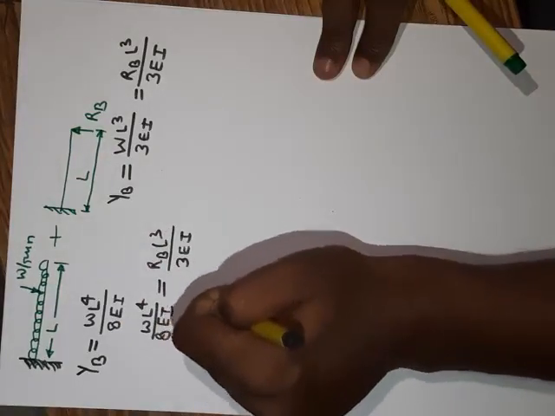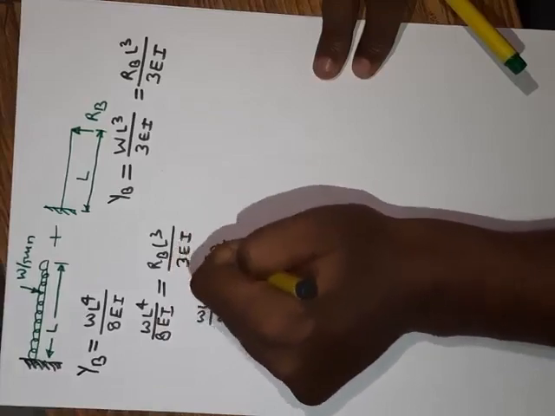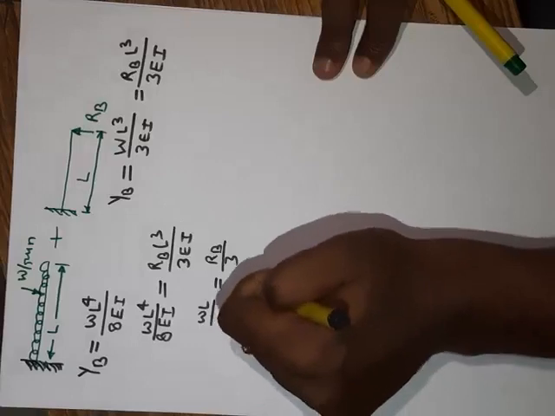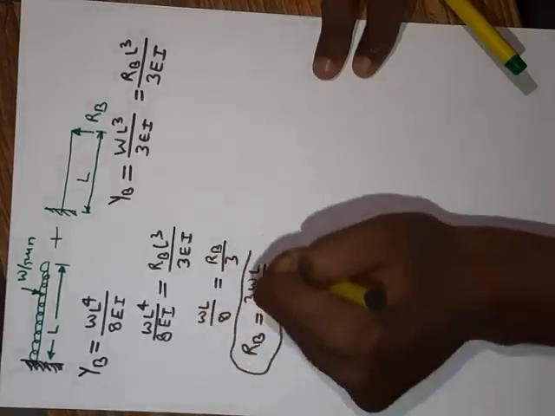Terms will cancel out. WL by 8 equals RB by 3, or simply RB equals 3WL by 8.